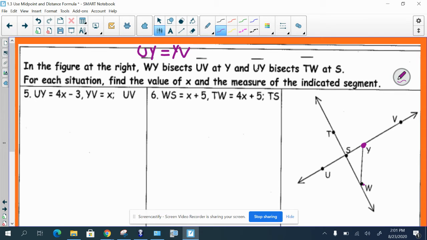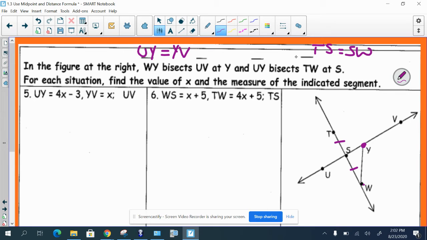And then UY, from U to Y, bisects TW at point S, so that means TS is congruent to SW.